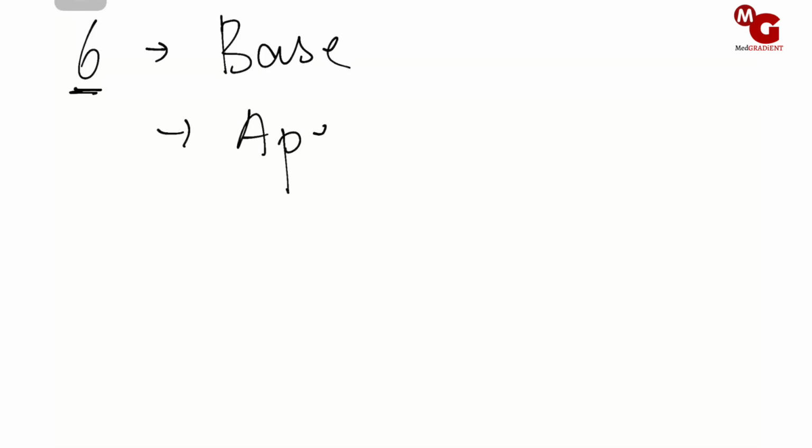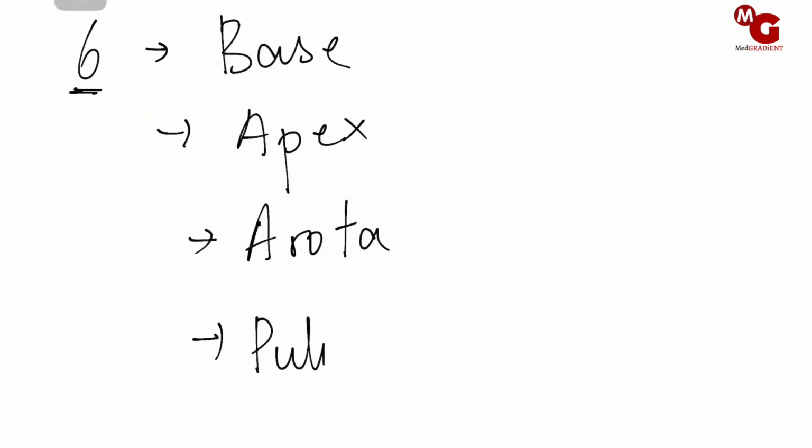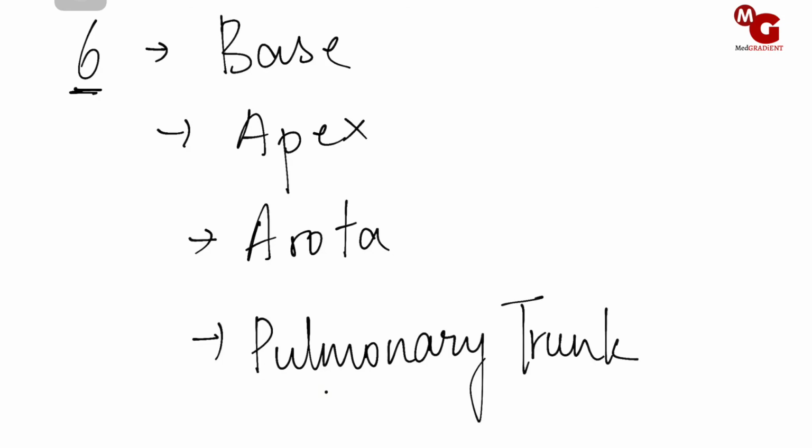Let's summarize. We got to know that there are 6 parts that we need to know. The base of the heart, right? The apex of the heart. Where is the aorta? Where is the pulmonary trunk, right?